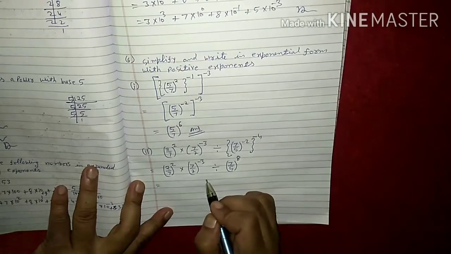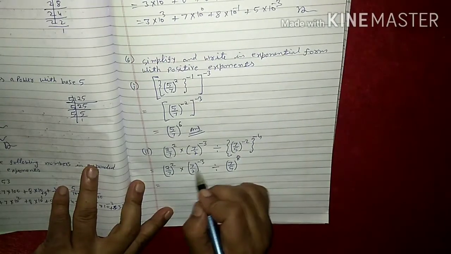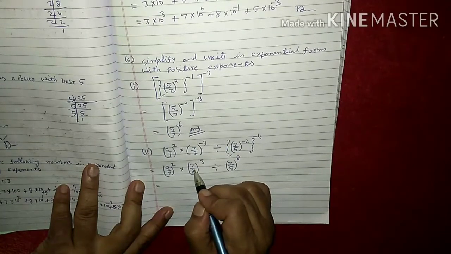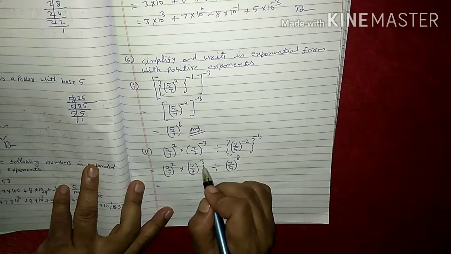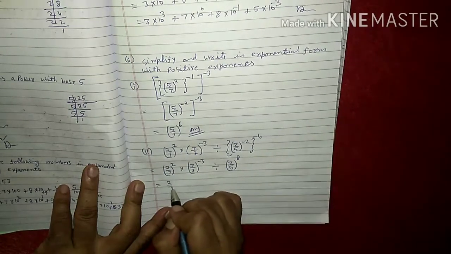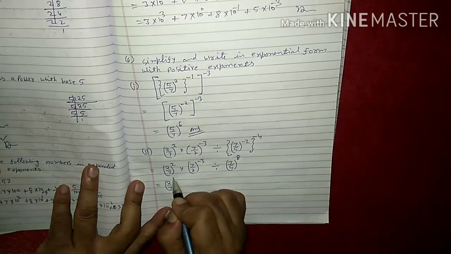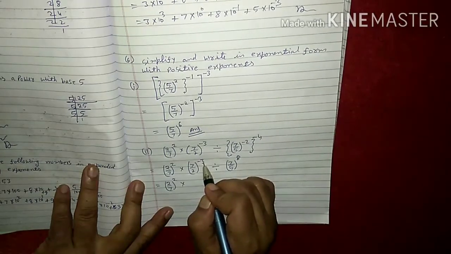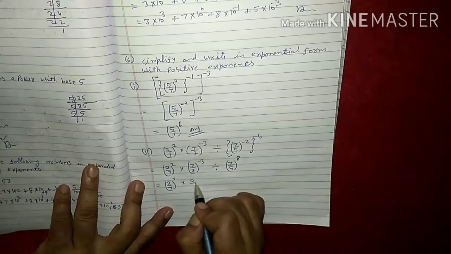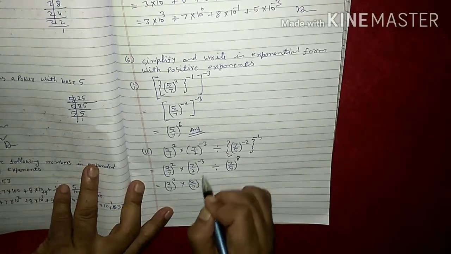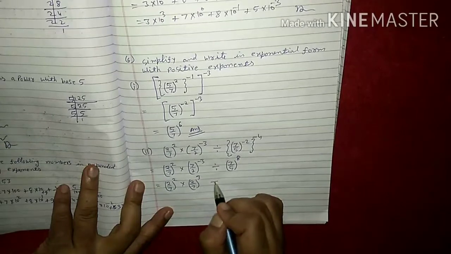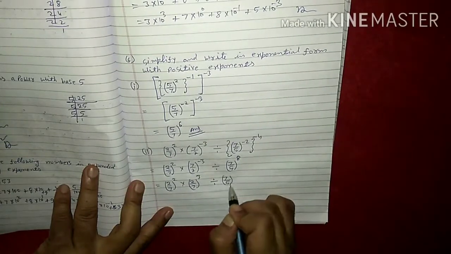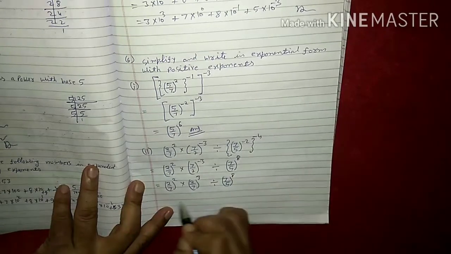Now you have to solve this step. (7/2) has a negative power, so you have to change this negative power into positive: (2/7) whole power plus 3, divide (7/5) whole power 8.